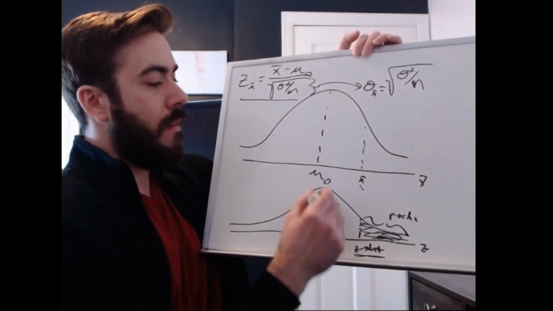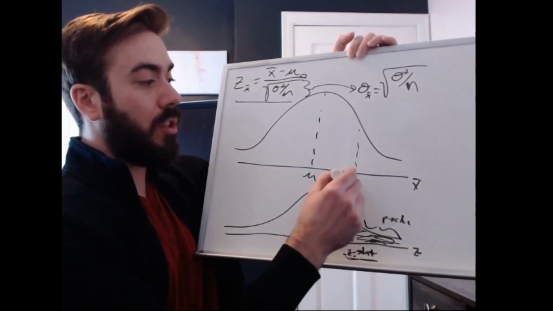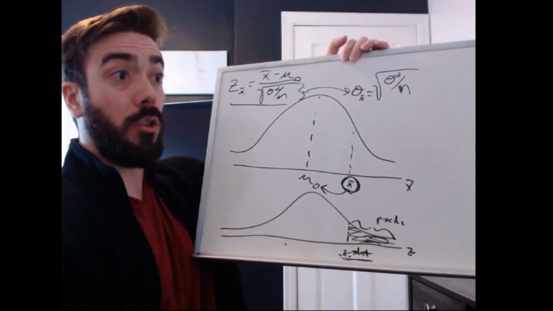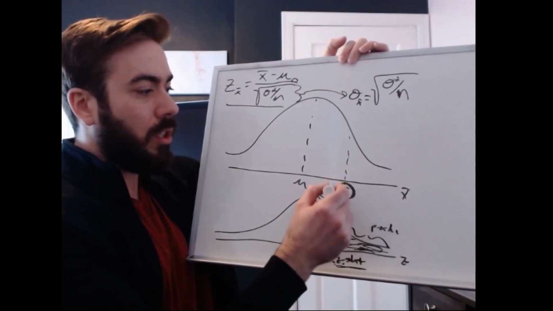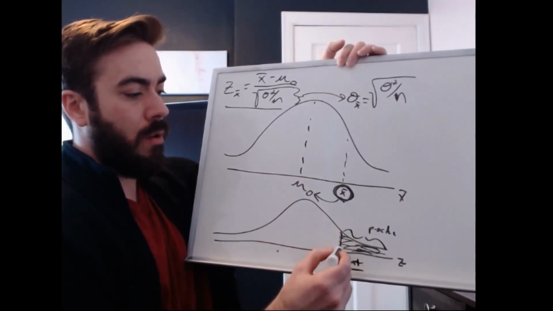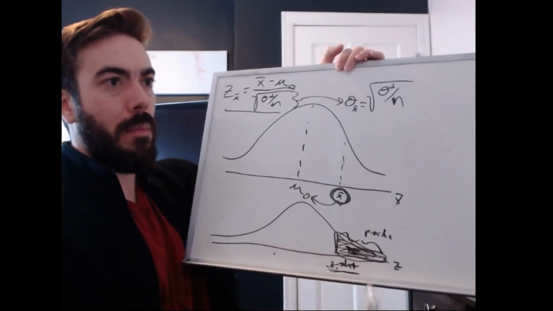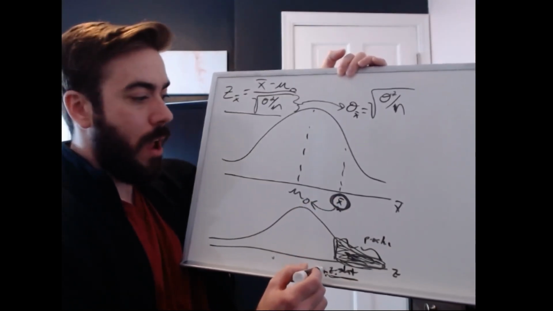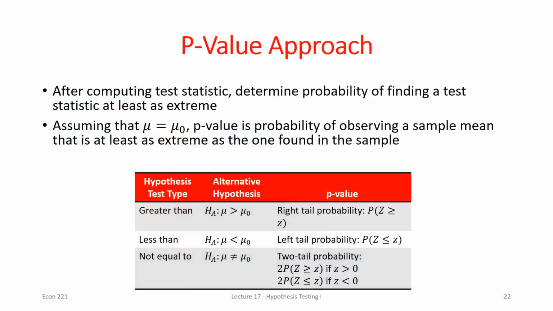Said differently, the z stat is just a z value, so it's the number of standard deviations away that the sample mean I saw was from the assumed true mean. So if in fact this was the true mean, the probability I saw that sample mean or something further from that assumed true value, that's my p-value. The probability I saw something this many standard deviations away from the assumed true mean, or more, that's my p-value.